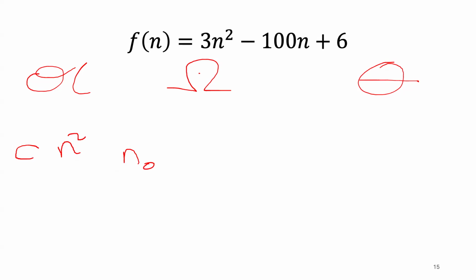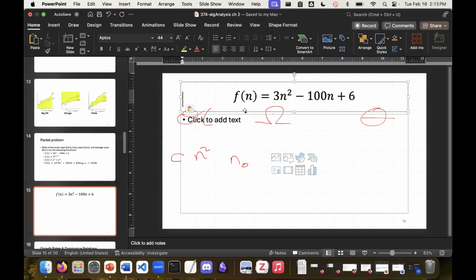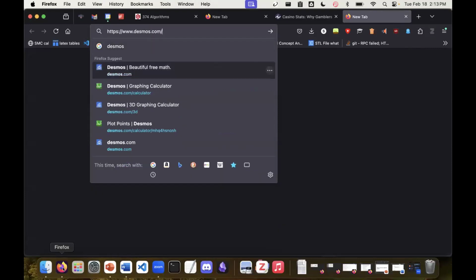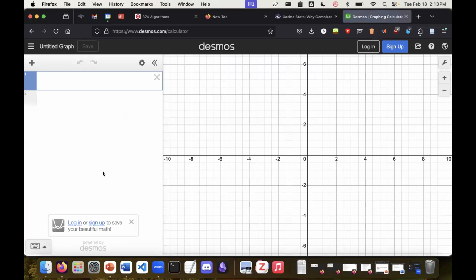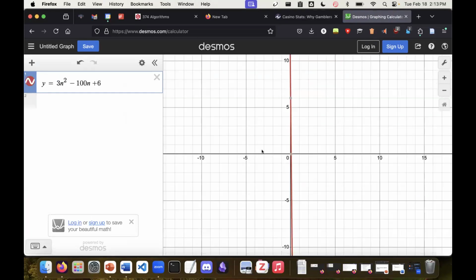Let's actually open up Desmos. Open graphing calculator. And the function here is 3n squared minus 100n plus 6.